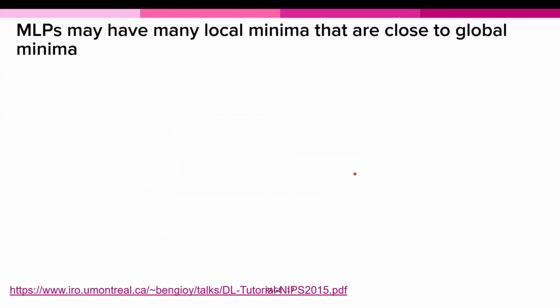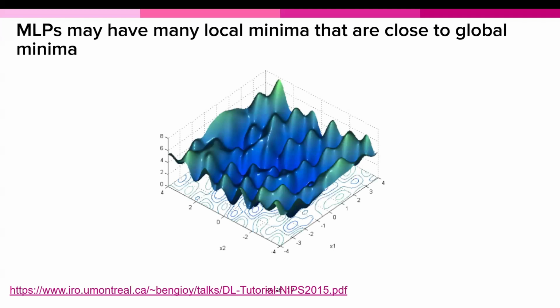That was the simplest possible network we could imagine. But what loss function surface might we expect to see for a larger, more complex network? In deep learning, as we scale up to networks with thousands or millions of parameters, the optimization landscape is going to be extremely non-convex.